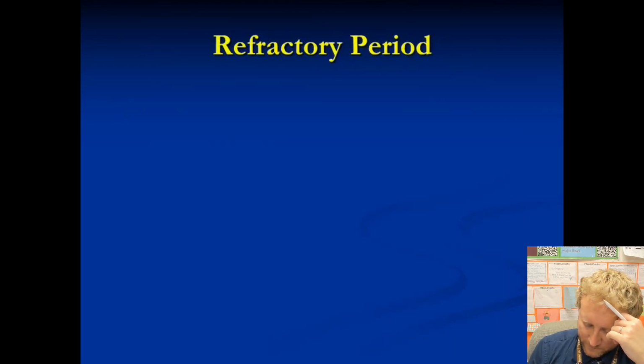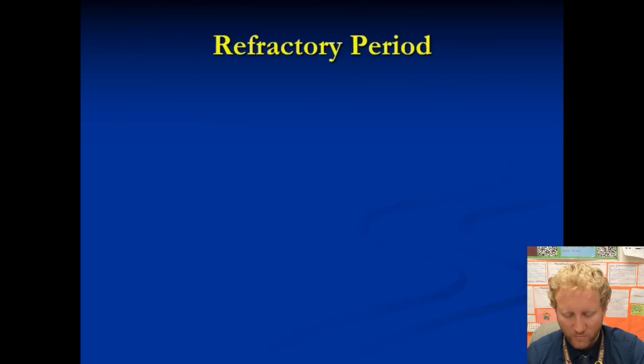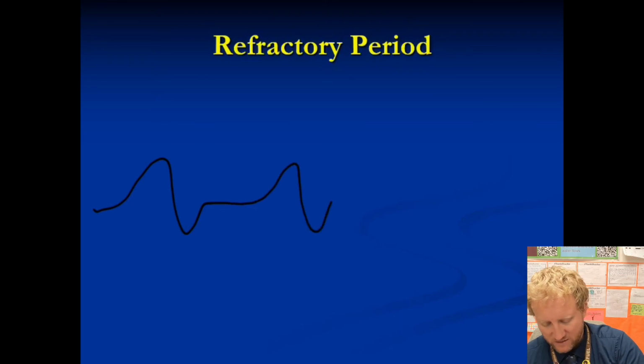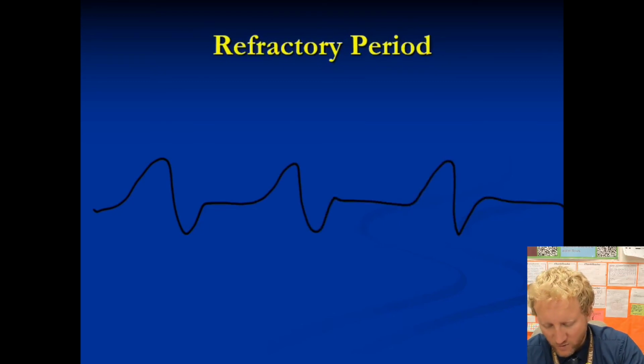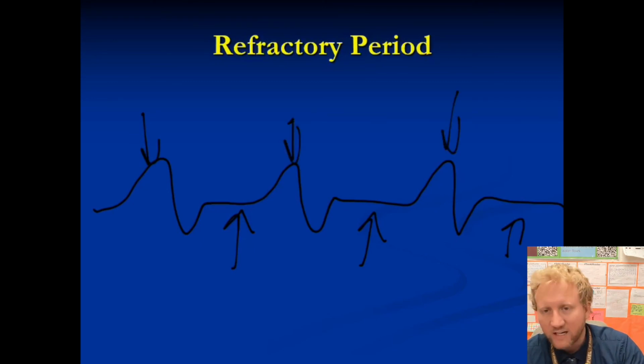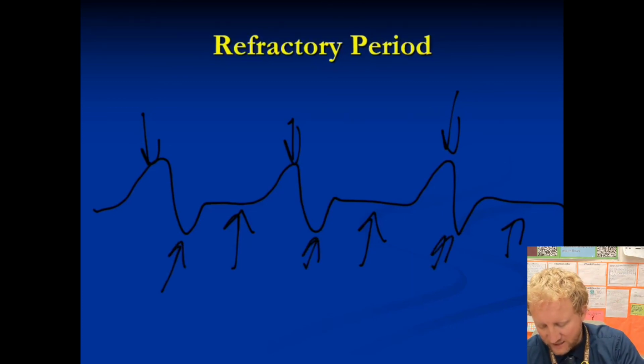So here's our resting potential right here, these flat lines, right? Depolarization happens at the top lines right here. The refractory period is a rest period that happens right here, okay?